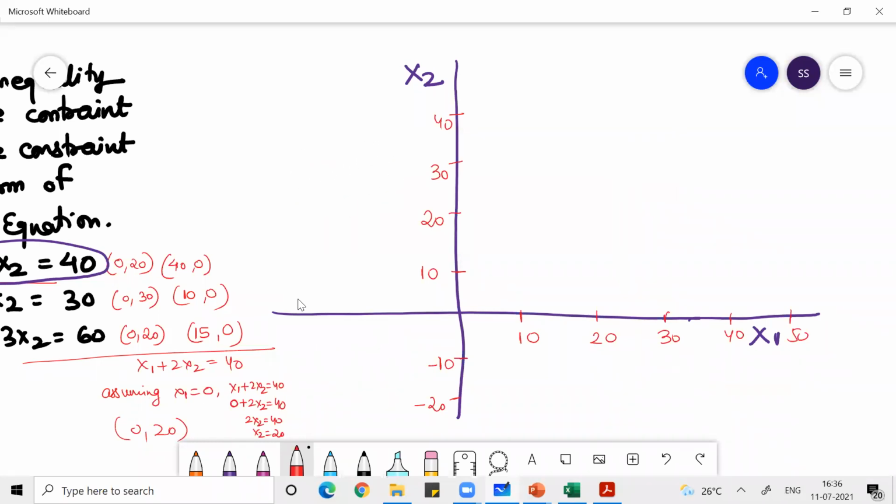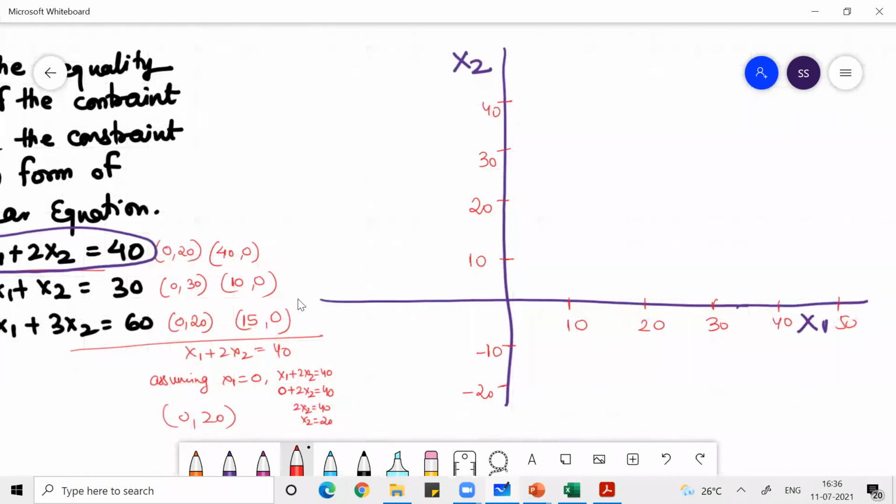Now if you see the first line, its coordinates are 0, 20. 0, 20 means x1 is 0, x2 is 20. Is this clear, everyone? Then next is 40, 0, which means x1 is 40, x2 is 0.